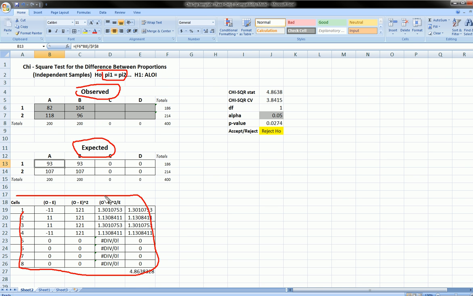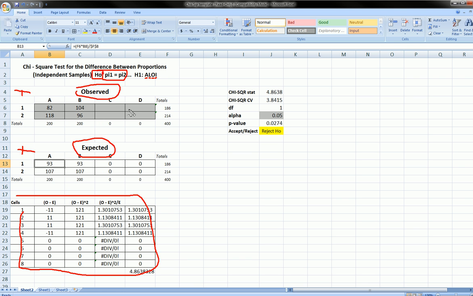If this table and this table are significantly different from each other, then we will reject H0, and we would conclude that the proportions are not equivalent to each other, that there's at least one inequality.